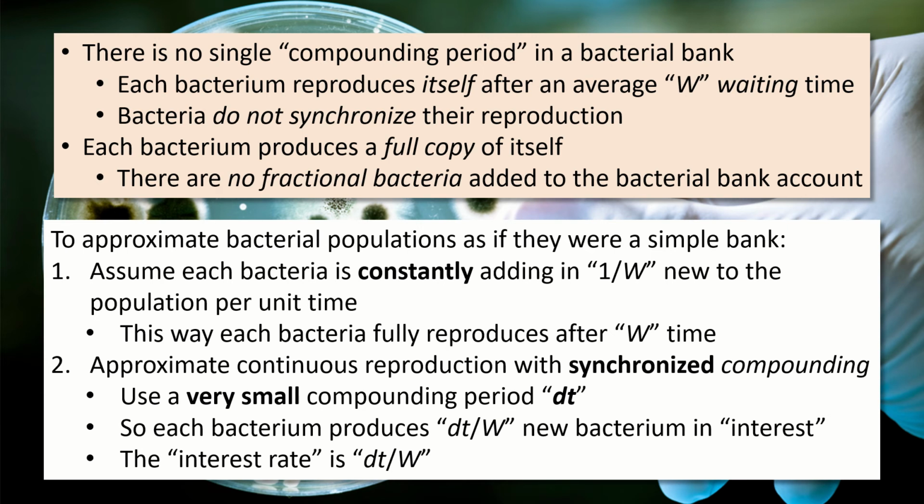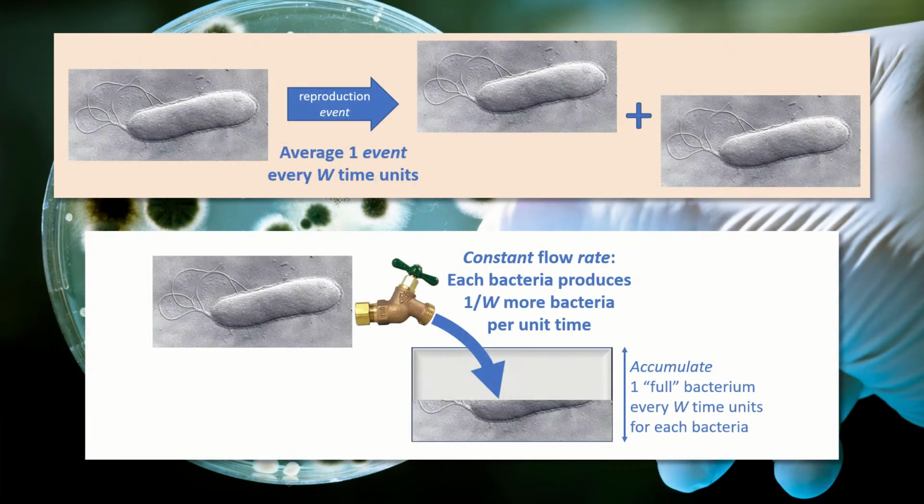And we really need this number to be close to 0, so a very small interest rate, in order for this approximation to be close to what's actually happening in the bacteria. But with this framework, we can now simulate the bacteria as a bank. We're going to have a couple of different bites at this apple. So let's just marinate in that, and as we go, hopefully this becomes a little more clear.